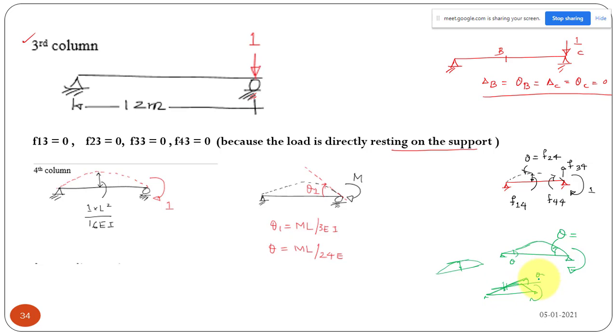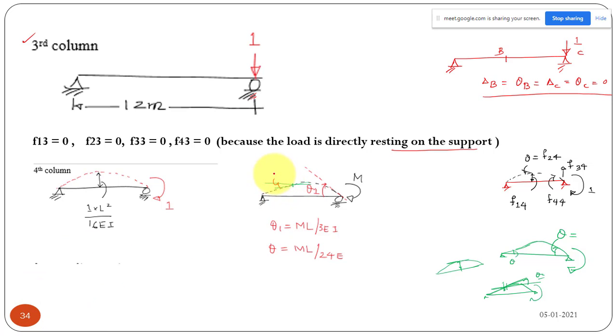That will be your f24. I'm directly giving you that equation. At the midspan, draw your tangent there and draw your horizontal line there, and we can take this angle.